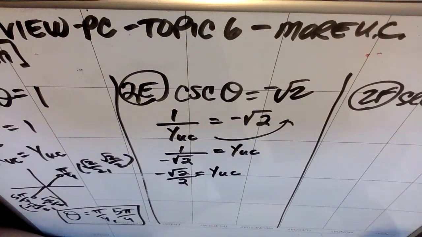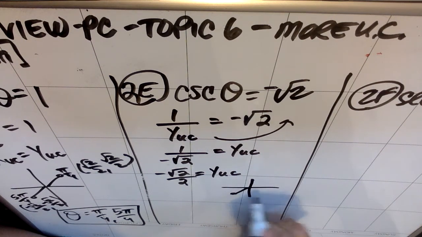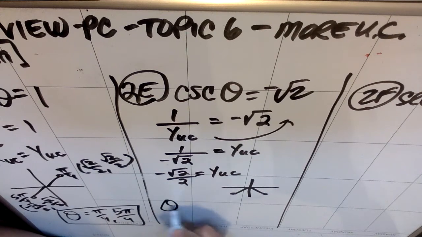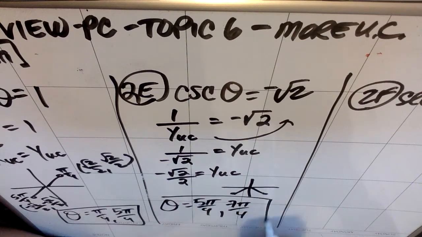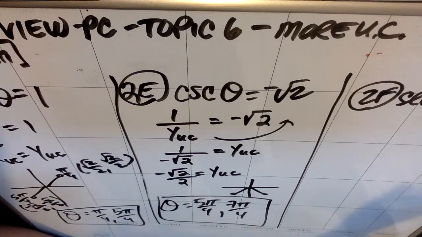So you're looking for where on the unit circle your y values are negative root 2 over 2. Well, I know they're at the pi over 4s because that's where the root 2 over 2s are, and if y's are negative, I must be below the x-axis. So I end up getting the answer that theta is 5 pi over 4, which is this guy, and 7 pi over 4. Again, as you get better at doing this, you don't look at the circle. I haven't looked at it once, and I'm not saying that to brag. I'm saying that because it's knowledge you want to have accessible, but it's okay if it doesn't feel accessible when you're first learning. That's completely natural.